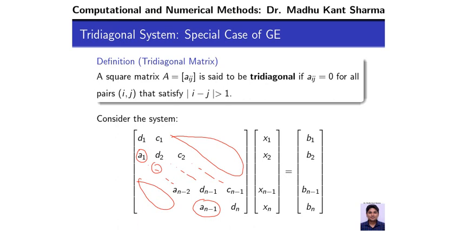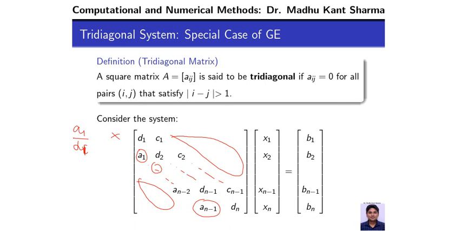Creating the zeros will take only one step, so you have to see the multipliers. For making zeros, if I recall, you have to multiply by a1 by d1, for creating the zero here.